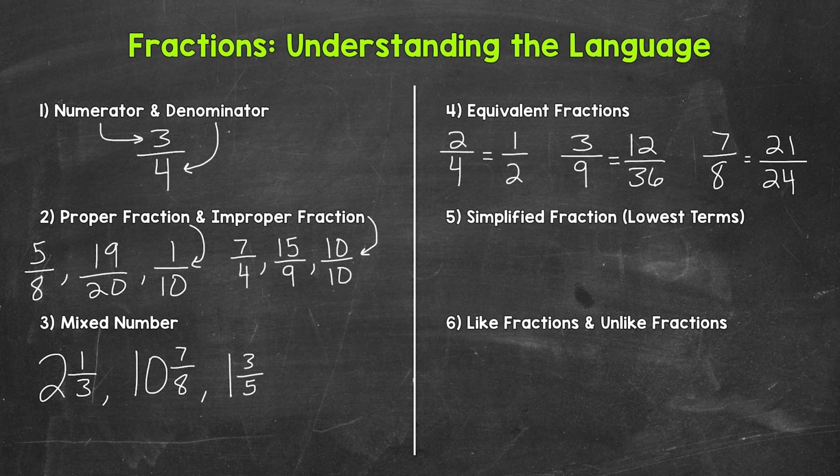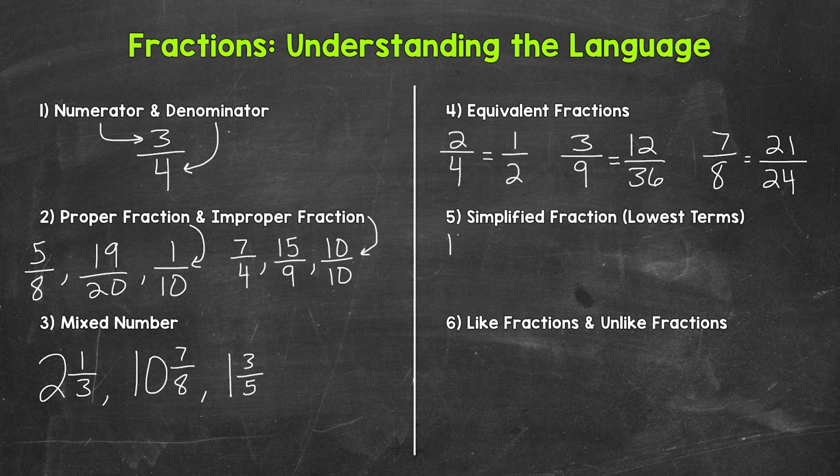Now, this isn't the most technical or mathematical way to put it, but basically, the only common factor is 1, meaning the only number that can go into both the numerator and denominator is 1. We can only divide by 1. If that's the case, a fraction is in simplest form. Basically, a simplified fraction is the simplest version of a fraction, the lowest numbers we can get to, and the fraction still has the same value.